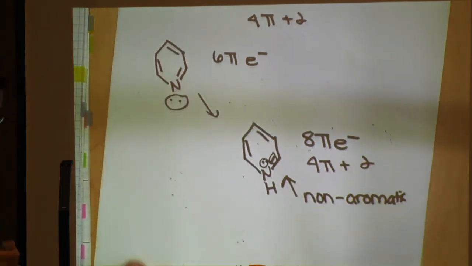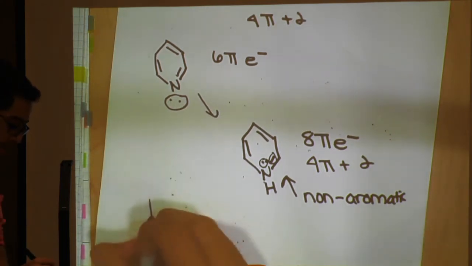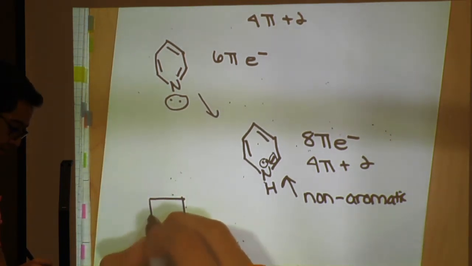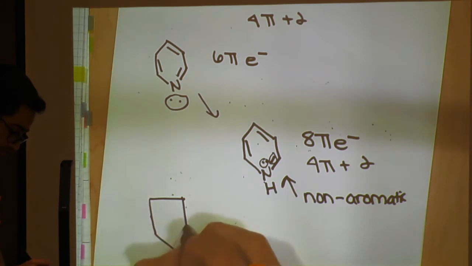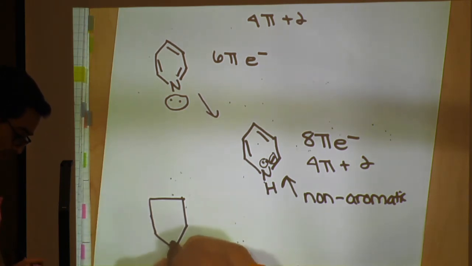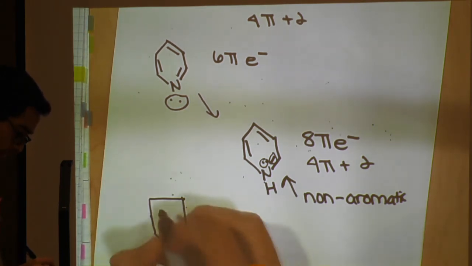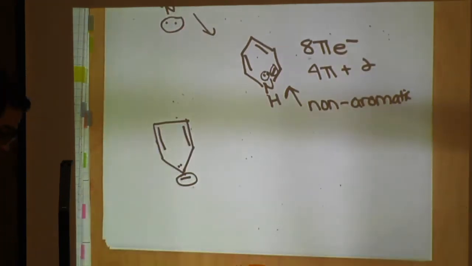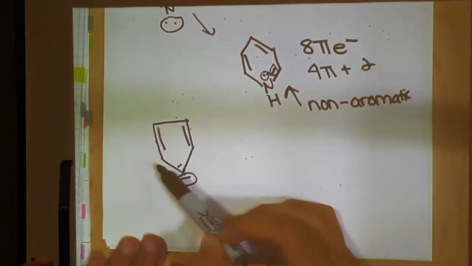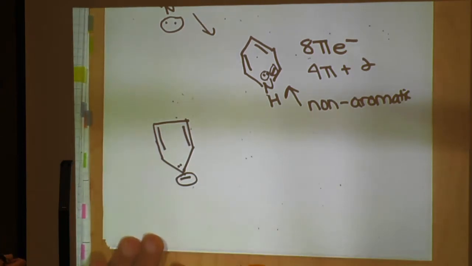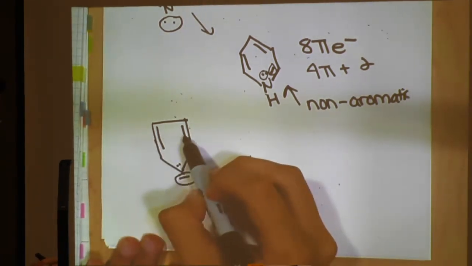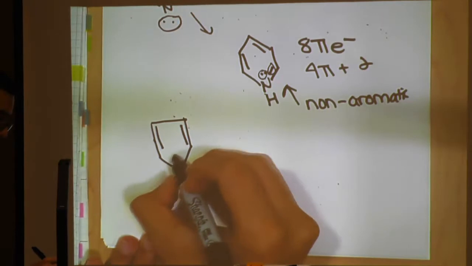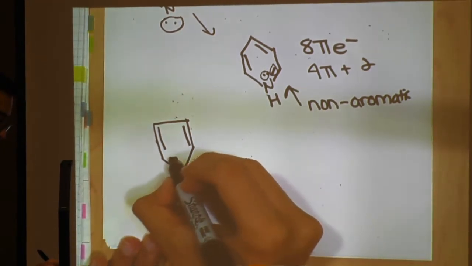But what if we have lone pairs that are just on the carbon? For example, this structure here. Would that be aromatic? So now it's planar, it's cyclic. Is it conjugated? Well, we have 2, 4. These lone pairs can draw resonance, right?